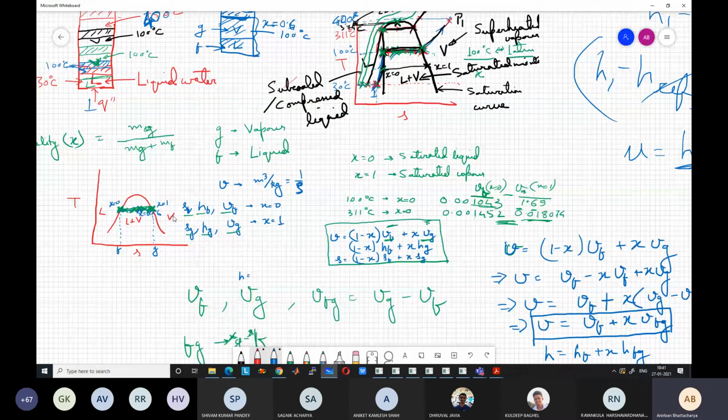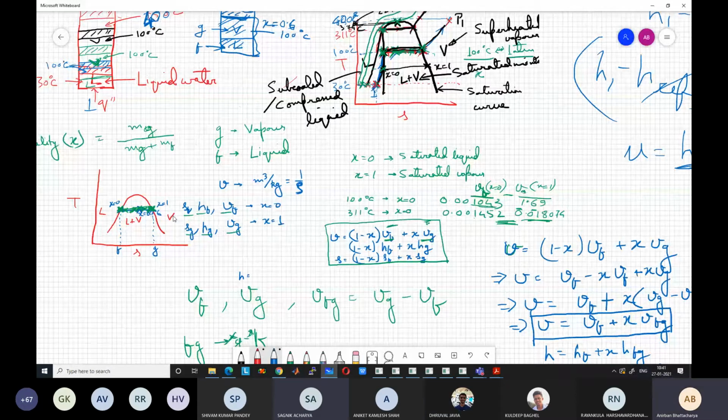In the saturation region, if I give you the temperature and pressure, will you be able to find the property within the saturation region? Sir, only temperature or pressure is required to find the other properties.